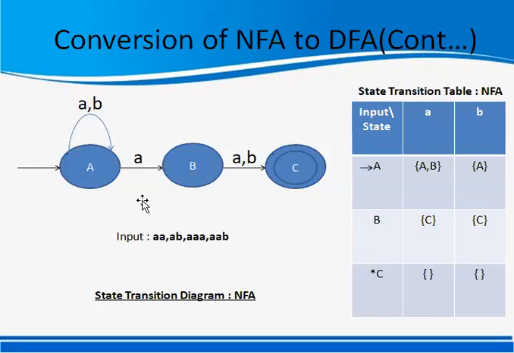So here you can see we have constructed an NFA that will accept any number of A's and any number of B's before the occurrence of the second last symbol A, and after this second last symbol there may be either A or B, meaning the last symbol may be either A or B, but the second last symbol must be A only.